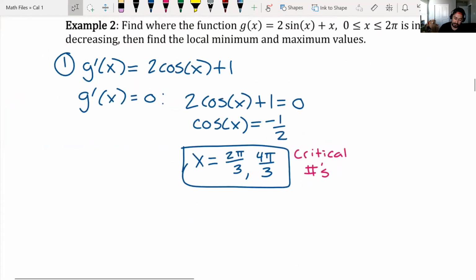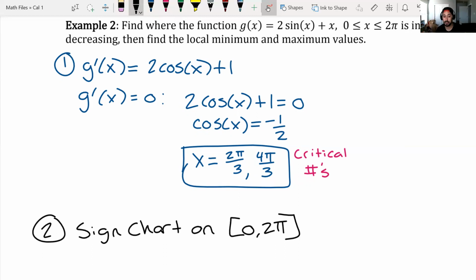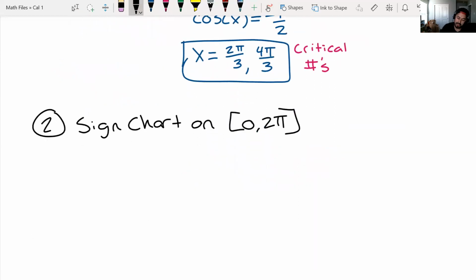All right, step 2 is your number line, sign chart. And remember, the interval they gave us is a sign chart on 0 to 2 pi. That's just given in the example above. So that kind of makes our sign chart a little easier to work with, maybe when it comes to radian values, right?